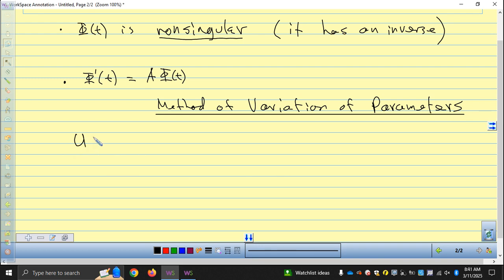We're going to say u of t is a column matrix of some functions, u1 of t, u2 of t, to un of t. And we want our particular solution to be phi of t, which contains our known solutions, times u of t.